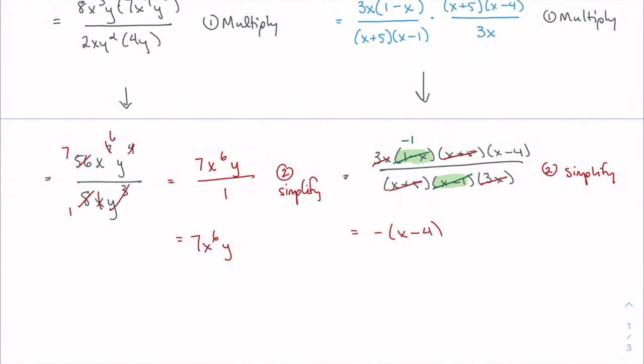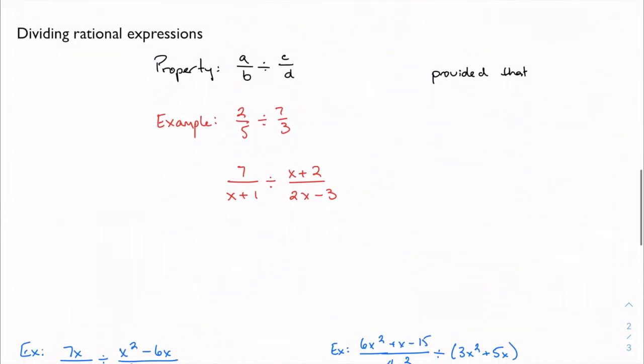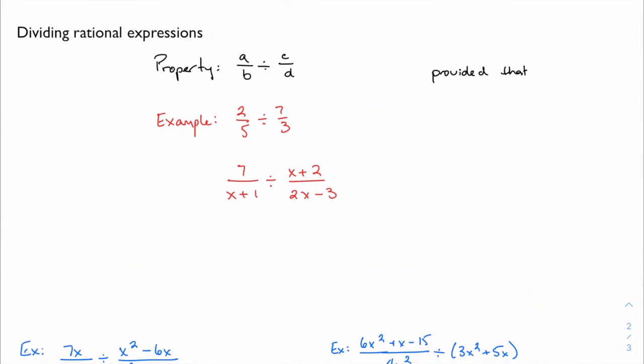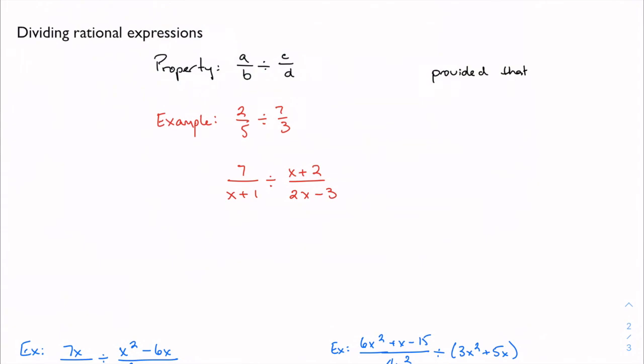That's multiplication. Division is going to work very much the same way, with one added step. So our property for division is to rewrite it in terms of multiplication, which then, as we know, we're just multiplying across.